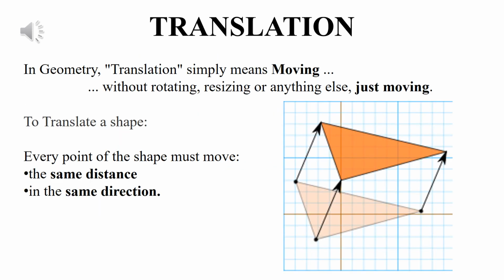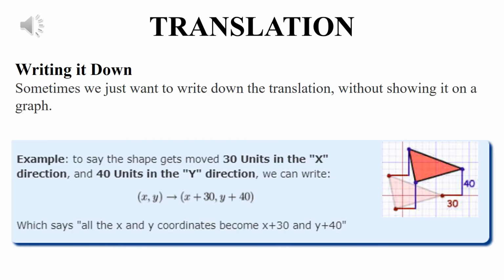Translation. In geometry, translation simply means moving, without rotating, resizing, or anything else, just moving. To translate a shape, every point of the shape must move the same distance in the same direction. Writing it down. Sometimes we just want to write down the translation without showing it on a graph.